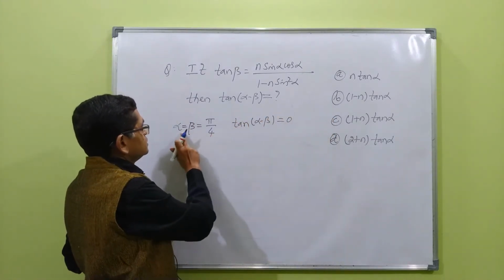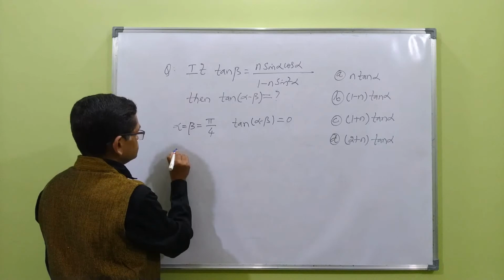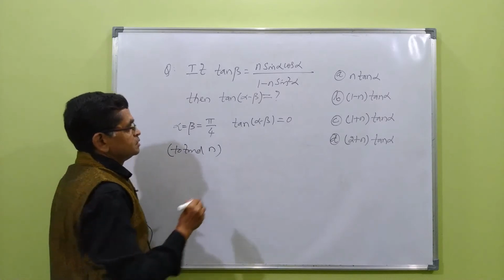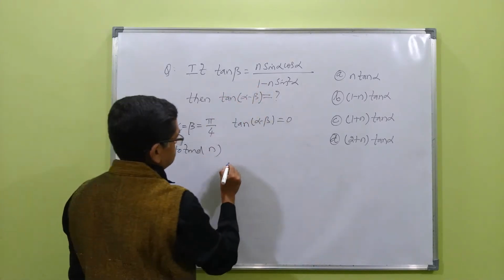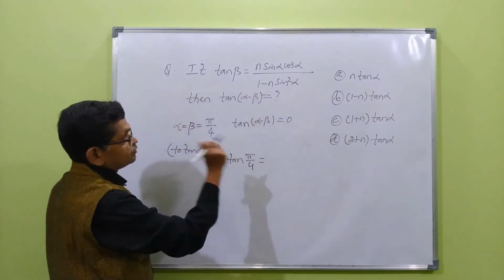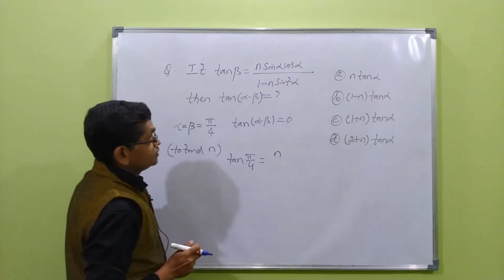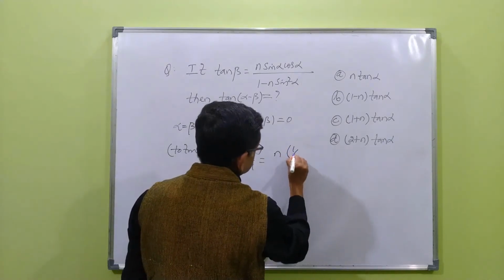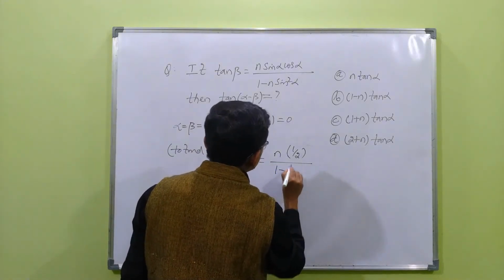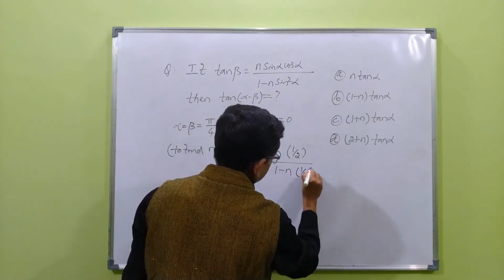See, alpha and beta are given. Now you have to find n. To find n, you have to apply this rule. Tan beta, which is tan pi by 4, is equal to n into sin pi by 4 cos pi by 4, that is 1 by root 2 into 1 by root 2, divided by 1 minus n into sin squared alpha, again 1 by 2.